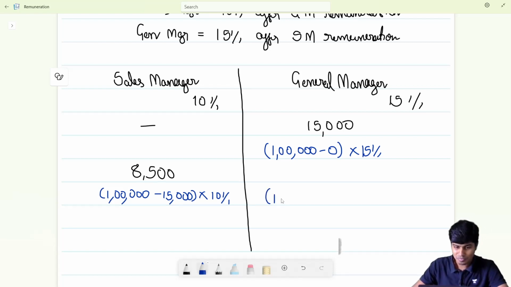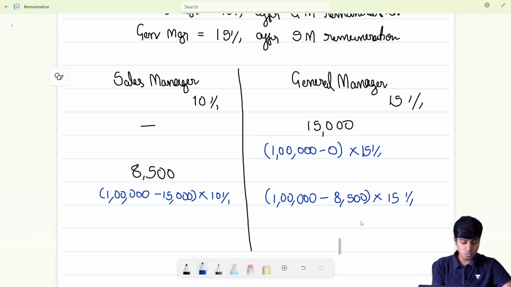Let's figure out. 1 lakh minus 8,500 multiplied by 15%. How much is that? 13,725. Sir, is this the answer?